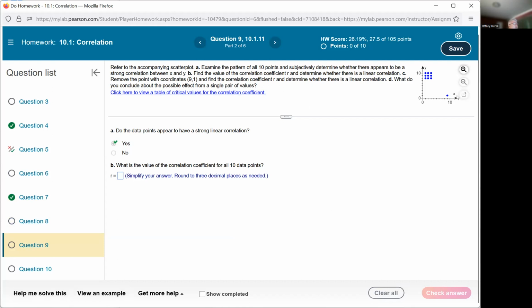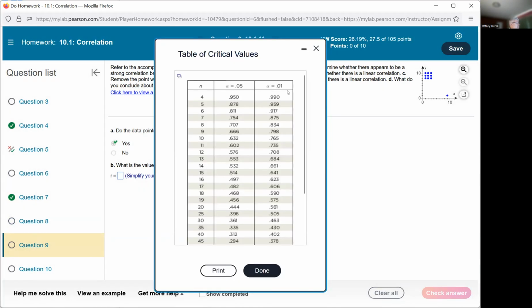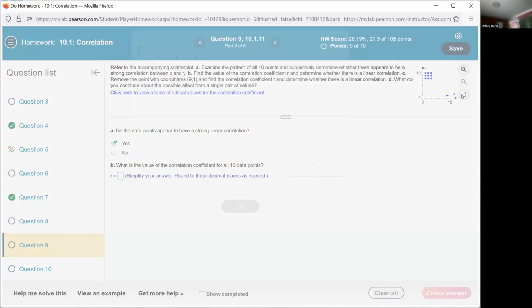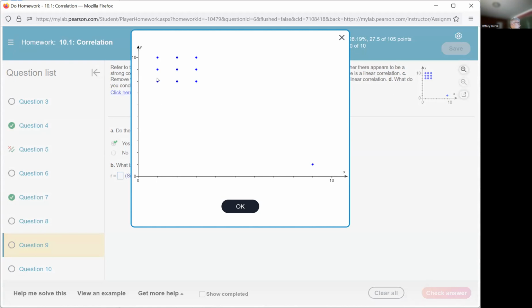So what you may have to do in StatCrunch then is manually put these points in and then work with it that way. Oops, that's the table we referred to before, but we're not going to worry about that. So if I look at this, let me just show it larger. So this would be like 0.18, 19, 110. So we just kind of do this here. Fine. So what I'm going to do is go to StatCrunch and manually put these points in.